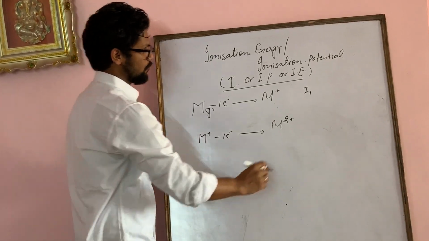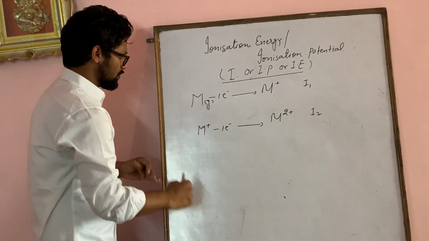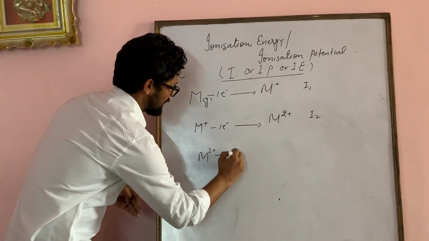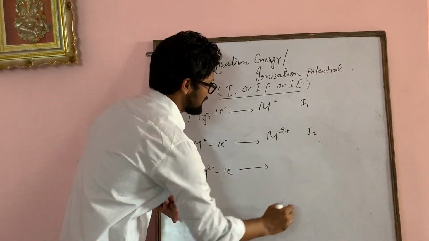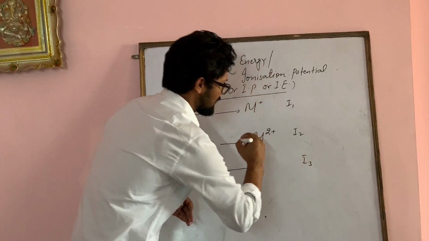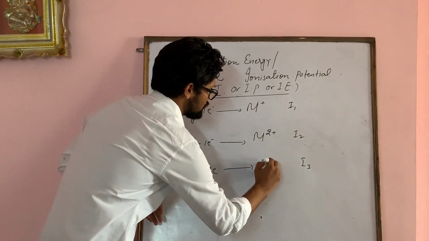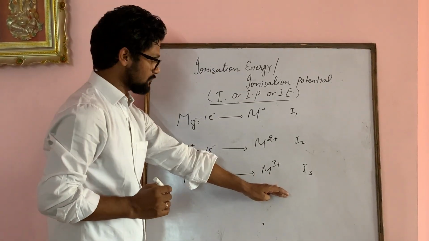Here the energy required, suppose it is I2. In the third case, we remove one more electron from M2 plus, then the energy required is called I3. Then after removal of the electron, it will change into a trivalent cation.